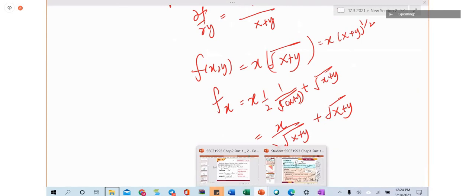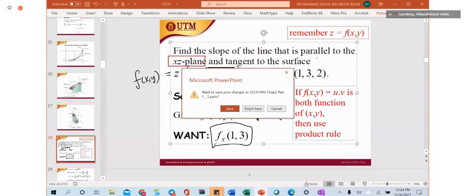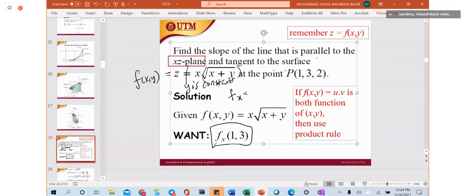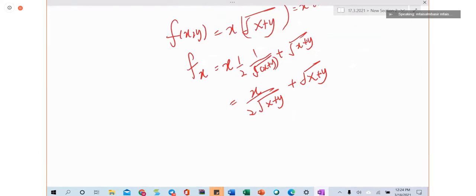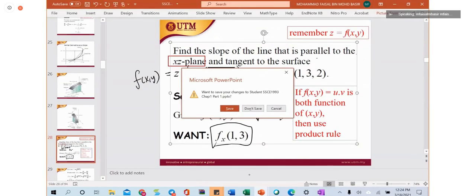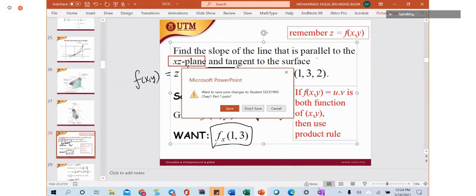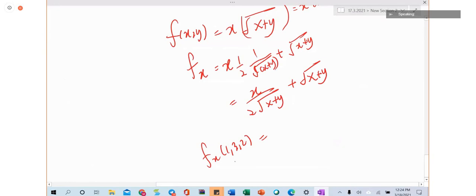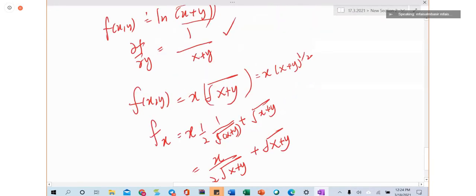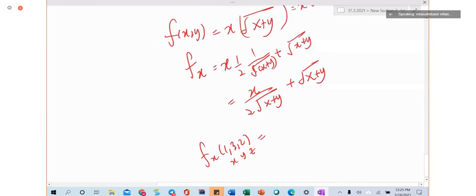But they ask you at the point (1, 3, 2). So 1 is x, 3 is y, and z is 2. So x is 1, and 2 square root of 1 plus 3 is 4.